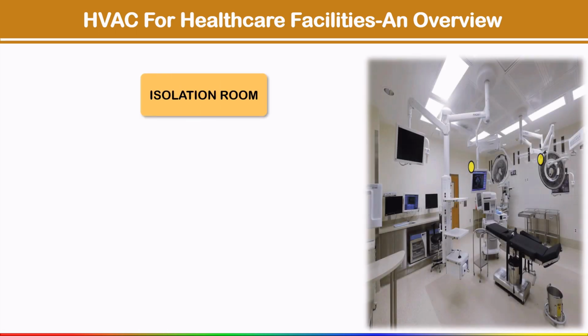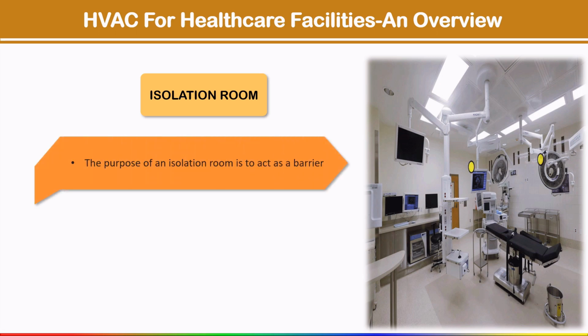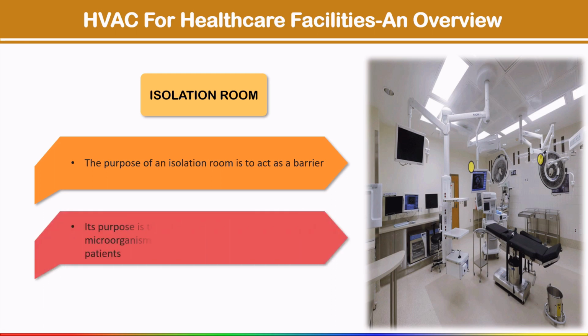Now come to the next topic, isolation room. What is actually an isolation room? What is the main purpose of this room? The purpose of an isolation room is to act as a barrier. Its purpose is to prevent the transmission of microorganisms from an infected patient to other patients.